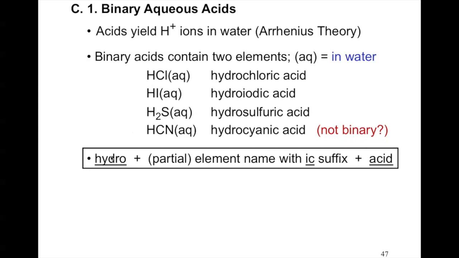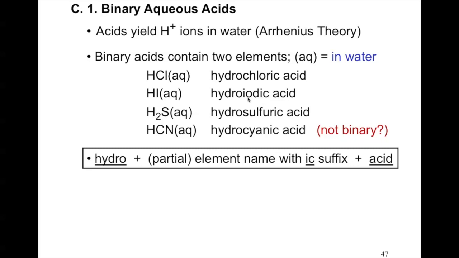Well, we name them with hydro. We place the partial element name. So in the case of this compound, we would start with hydrochlorine, right? But we drop the ine part. So it's hydrochlor, then add ic and acid: hydrochloric acid. For HI, we start off with hydroiodine, right? We drop the ine part, add ic and acid.